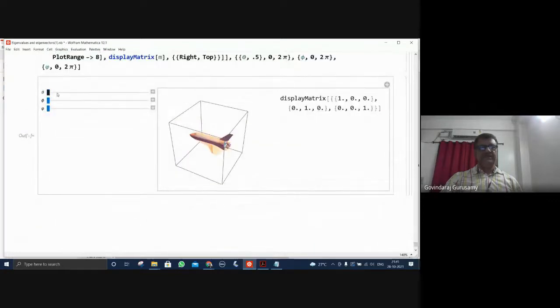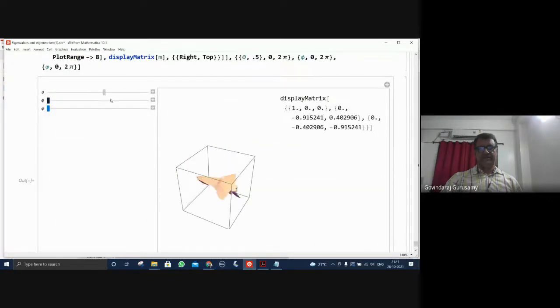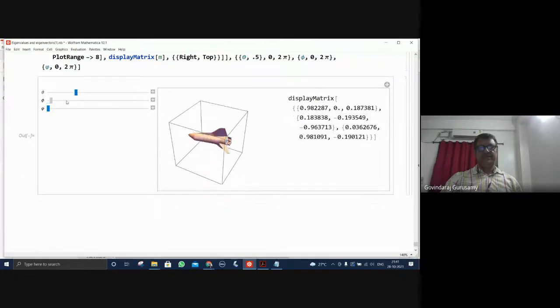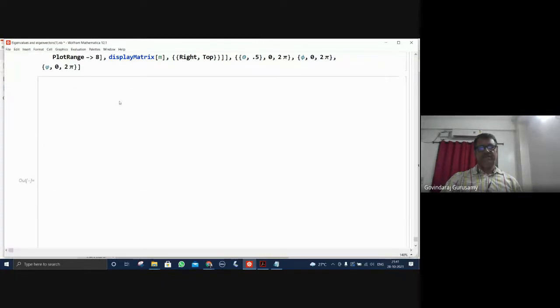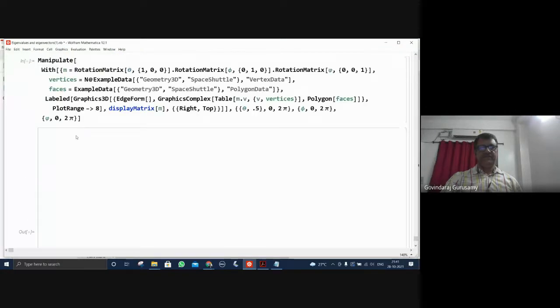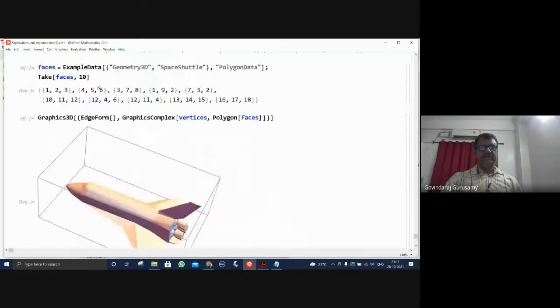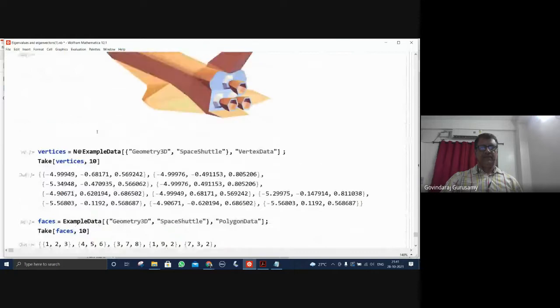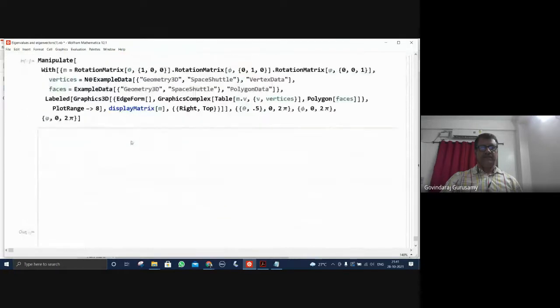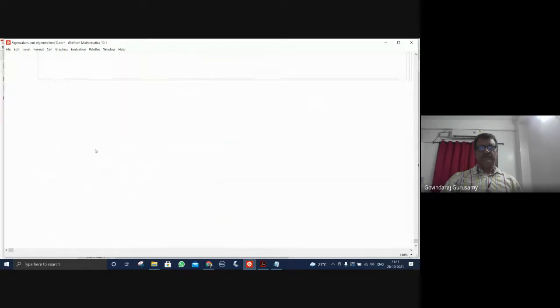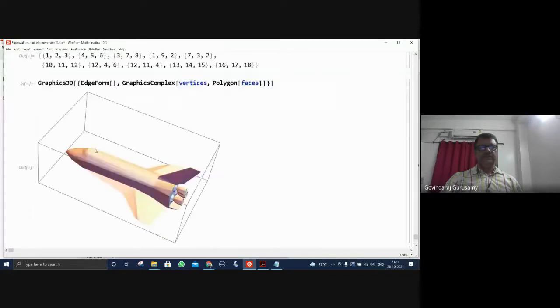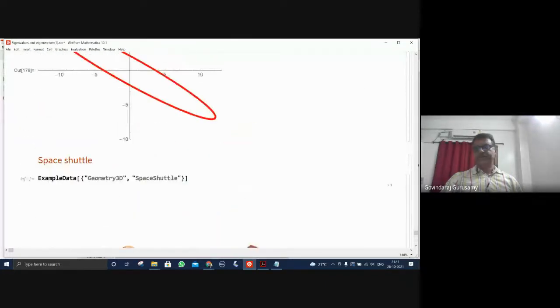You can see here, this is the theta rotation, and this is the phi. Sorry, it is going out of the screen probably. Let me just check it now by plotting it, and bring it back to this.